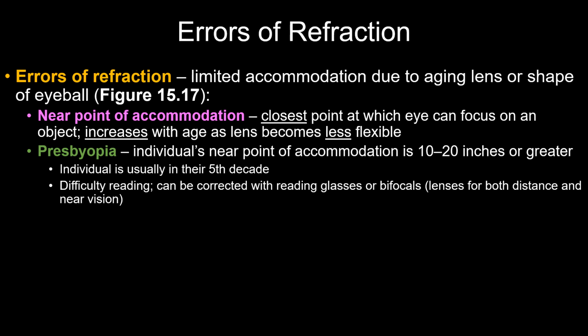This condition is known as presbyopia. This is usually corrected with reading glasses or bifocals. These bifocals are glasses with one set of lenses for distance and another for close vision. Most people now have progressive lenses that have that smooth transition between distance and close.